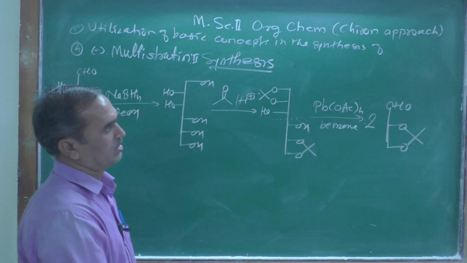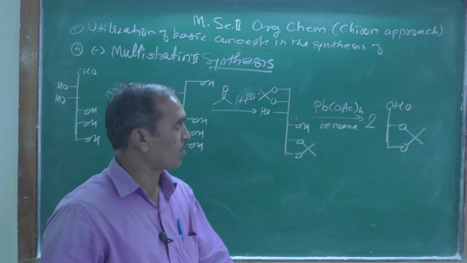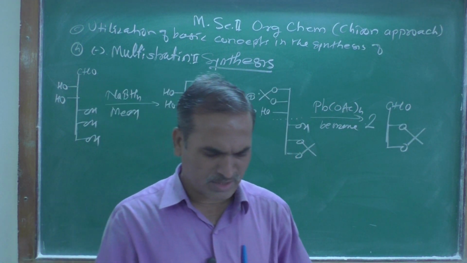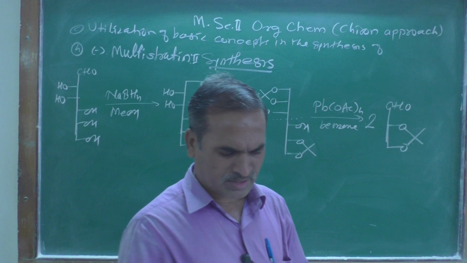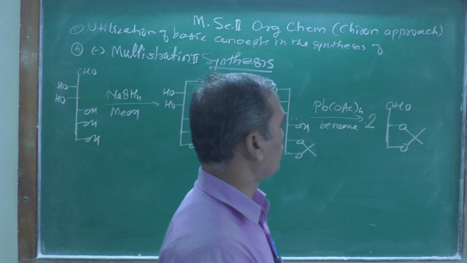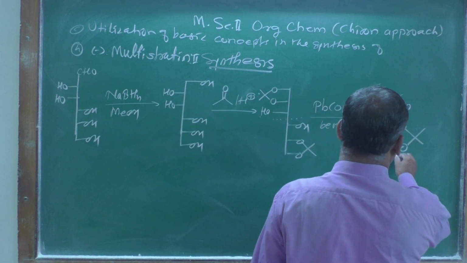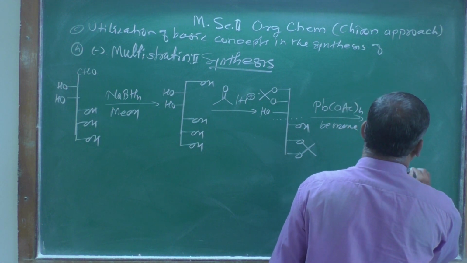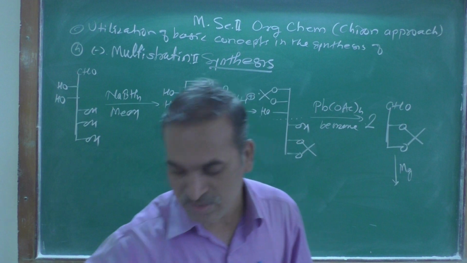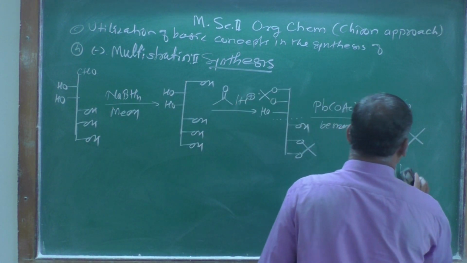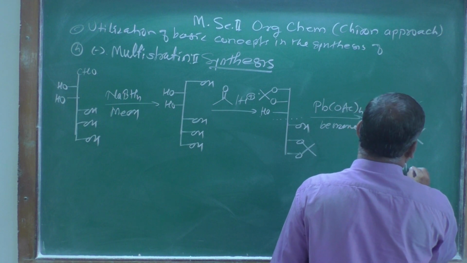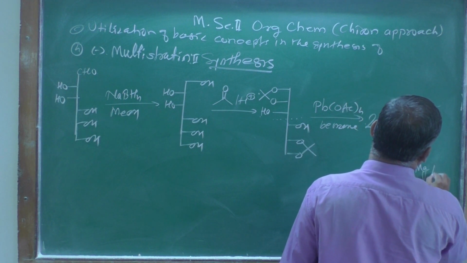Up to that we already learned, and now what we are going to do next, in this case we are going to use Grignard's reagent, and as we know, Grignard's reagent here is methyl magnesium bromide.